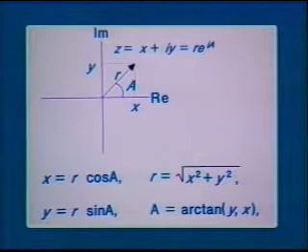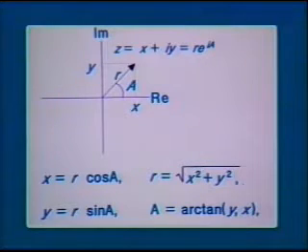Just as a little review, there are things called complex numbers. A complex number you can think of as a point in the plane for z, and you can represent a point either by its real part and its imaginary part. So if this is z, then its real part is this much, and its imaginary part is that much.